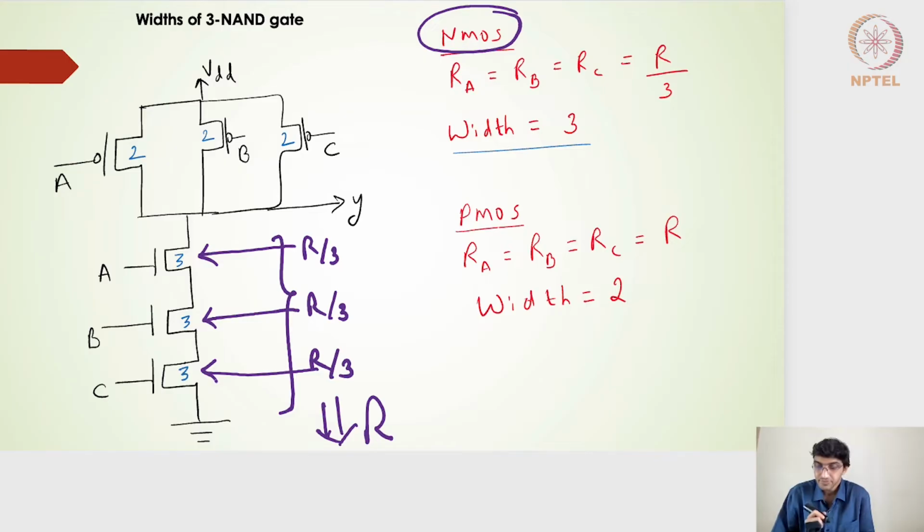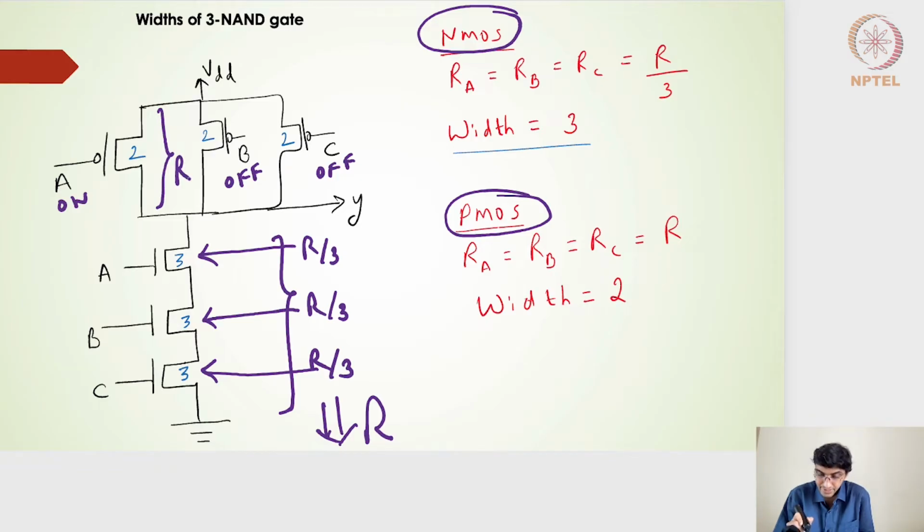On the pull-up side, on the PMOS side, one of the transistors will be on, the other 2 will be off, and in that case, my equivalent resistance should match the unit inverter's rising resistance, right? The unit inverter's rising resistance is R on the PMOS side, and if I consider A to be on, B off, and C off, the resistance here should still be R, right?